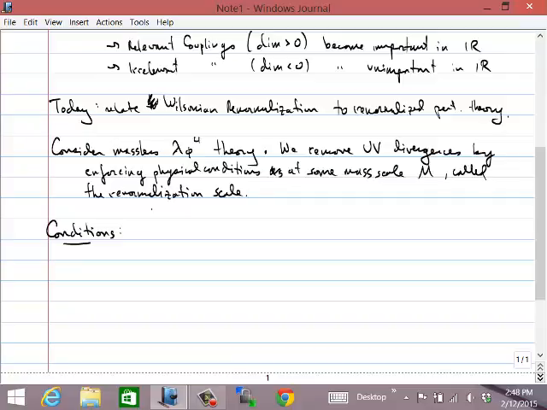So, for example, we would like the 4-point function at this energy scale to be equal to minus i lambda. This is how we define the physical coupling. So say at the point where (p1 plus p2) squared is equal to M squared.